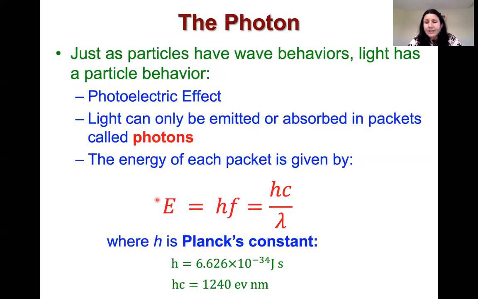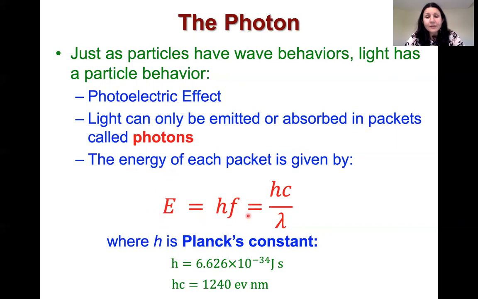And now this light can only be absorbed, in other words, like when the light was shined on this metal, it was being absorbed, or emitted, as we'll see in examples. What does it mean for something to emit light? It depends which way energy is going. Is it decreasing? Then we get an emission of light. Or is it increasing? Then we get an absorption. And how is the energy of this photon described?